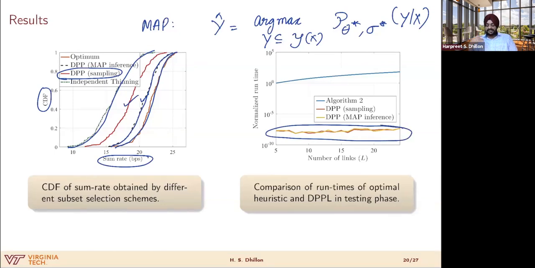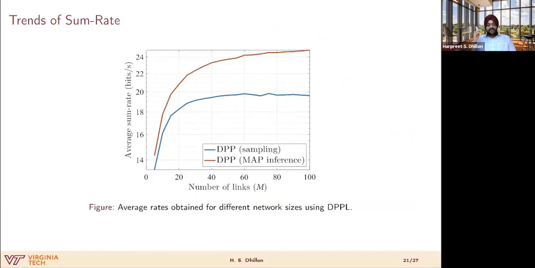And this complexity is many orders of magnitude smaller than the complexity of the heuristic that we used to generate the training data. If I remember correctly, you cannot apply that heuristic to large enough networks.